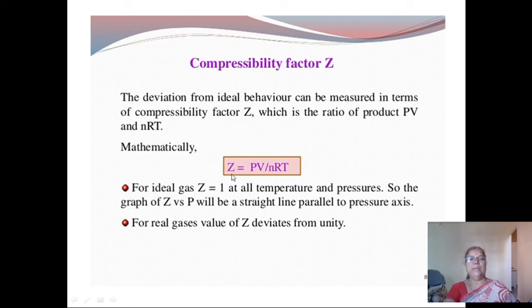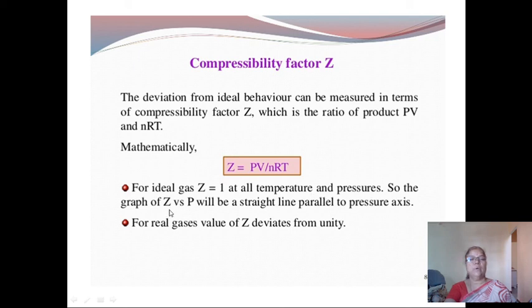Mathematically, Z is equal to PV divided by nRT. Then for an ideal gas, Z is equal to 1 at all temperature and pressure.